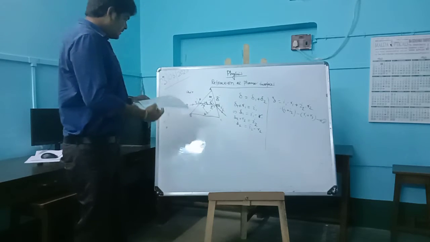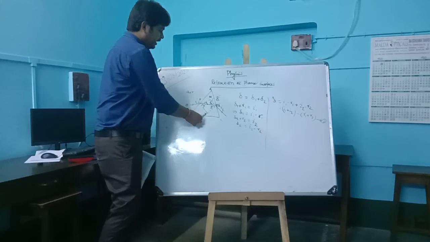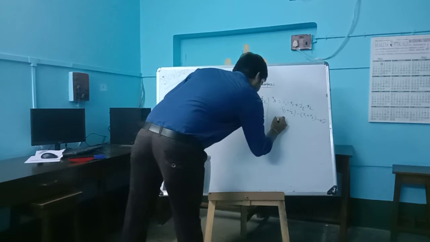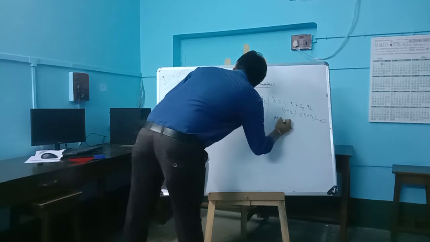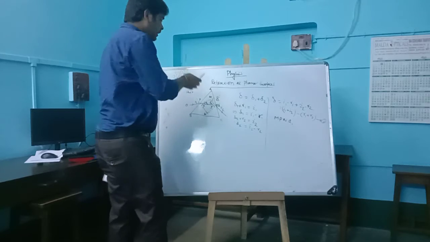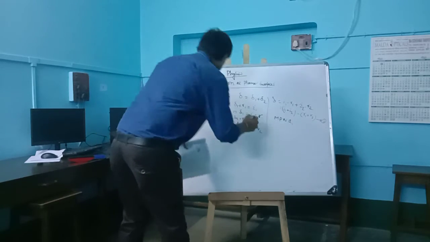Now, from this quadrilateral M, P, N, Q, we can write that the summation of the four internal angles is equal to 360 degrees.